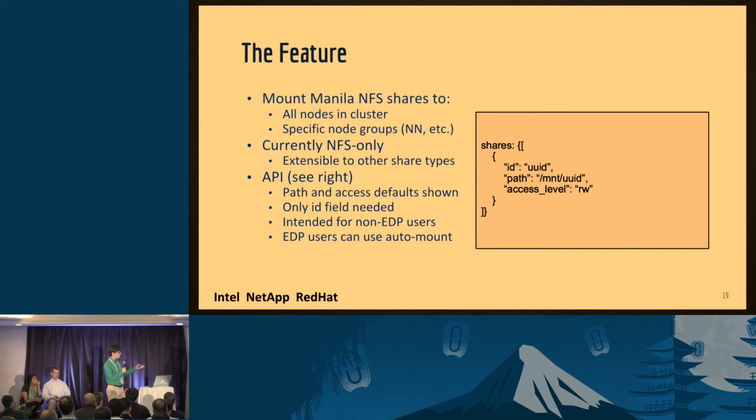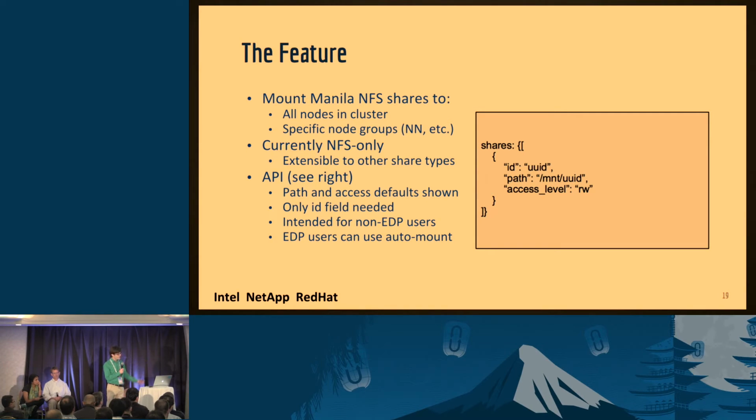The API, you can see to the right, very simple. When you're creating a cluster or a node group template, you create shares, you create a list that contains an ID of the share as registered in Manila. You can optionally provide a path at which to mount that share, and provide the access level at which you want your cluster to be able to access it, either read-write or read-only per Manila's API.